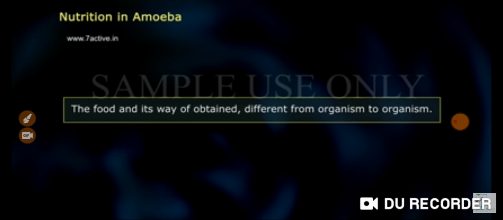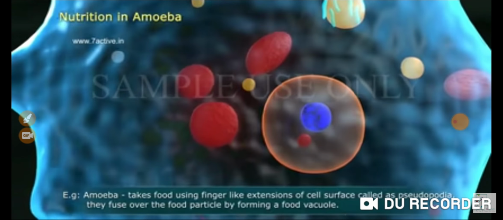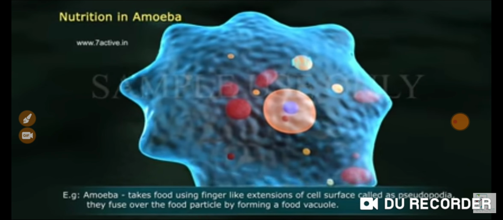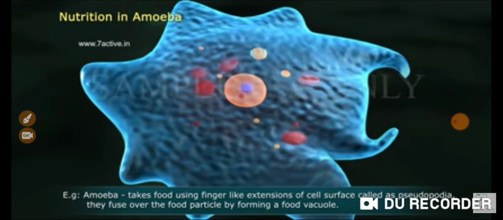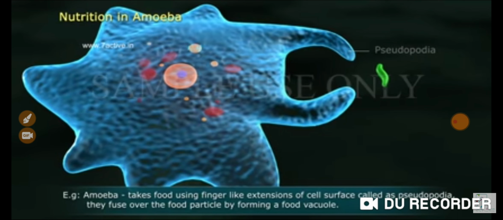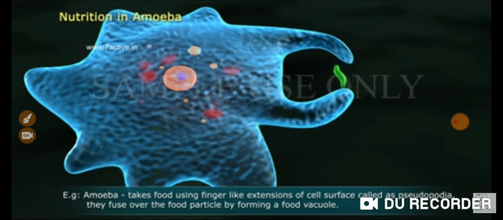The food and its way of obtaining it differ from organism to organism. For example, amoeba takes food using finger-like extensions of the cell surface called pseudopodia. They fuse over the food particle, forming a food vacuole.